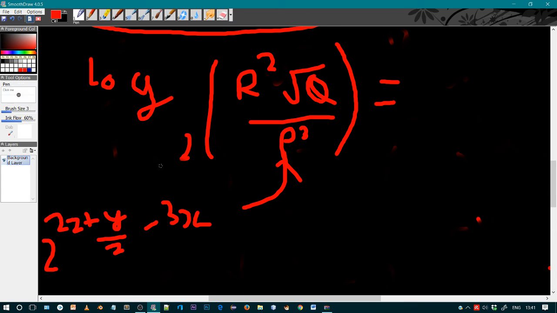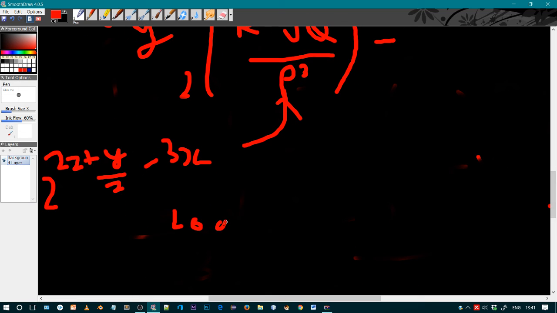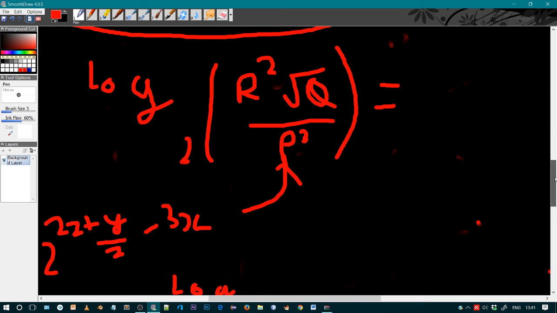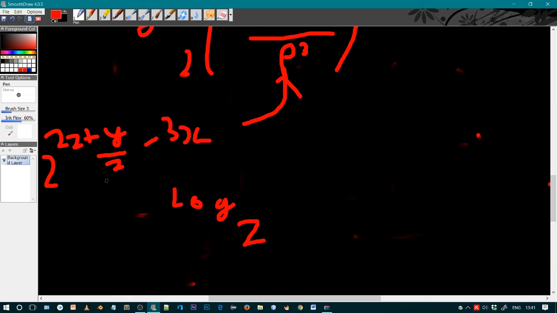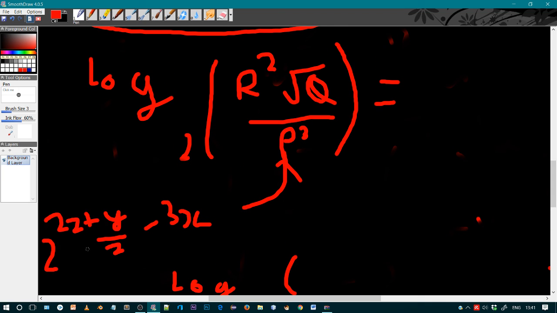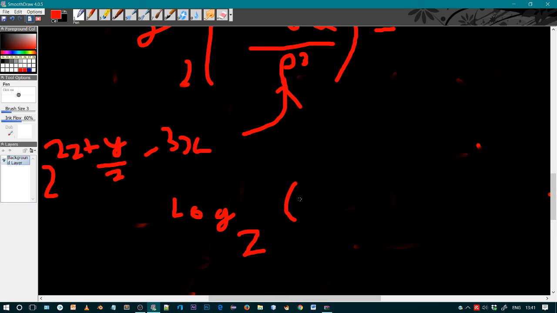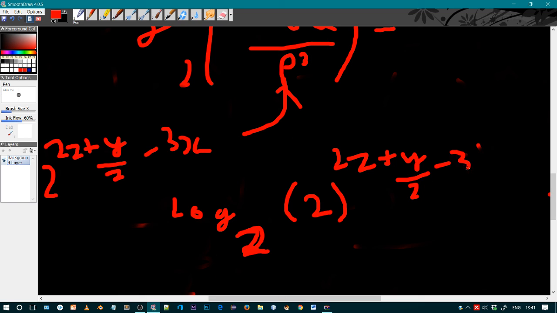Yeah, so we know that now log base 2 of this value. Basically, what I had done is simplified this in terms of z, y, and x. So this would be log base 2 to the power 2z plus y upon 2 minus 3x, right?